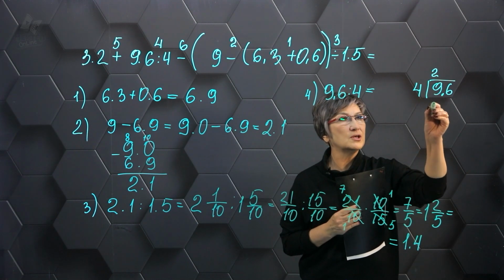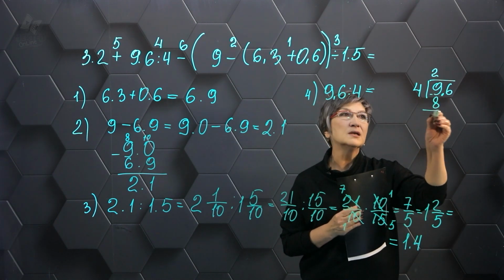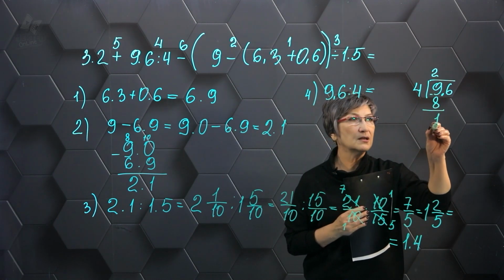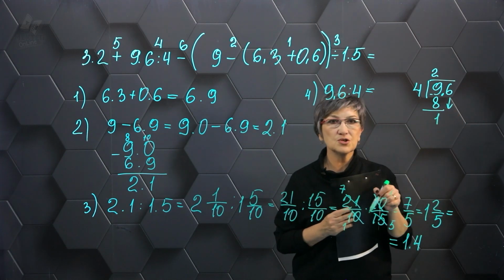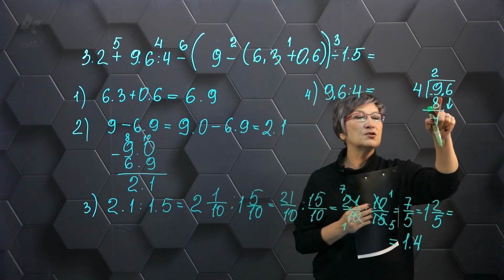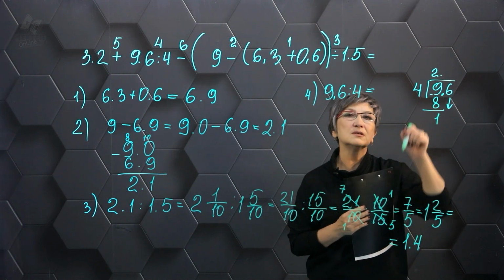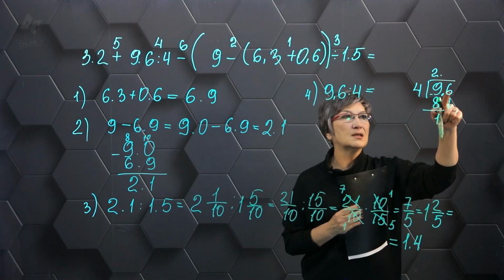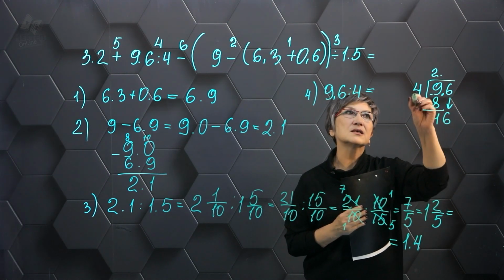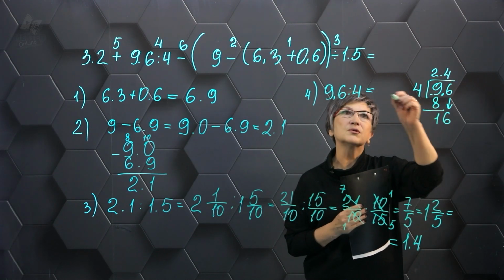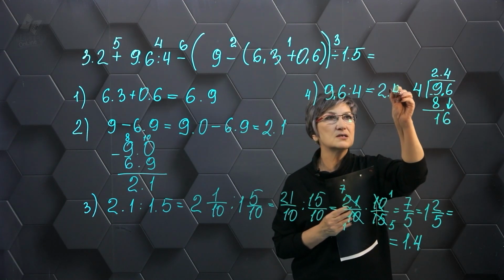Twice 4 yields 8. 9 minus 8 would be 1, and I need to bring down the 6, but I see that the decimal point is in the way, so I put a decimal point. And then 16 divided by 4 equals 4. This calculation results in 2.4.